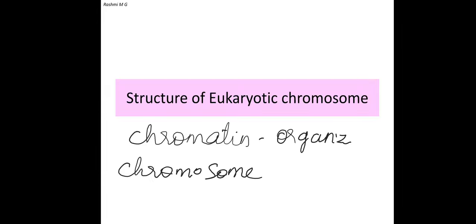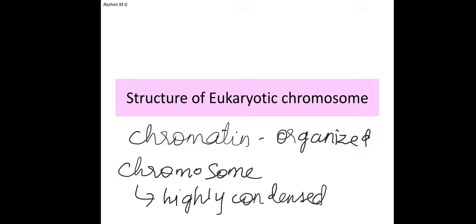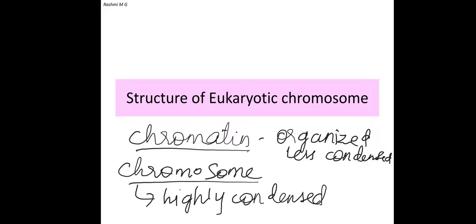A chromosome is a highly condensed form. Both are DNA. Chromatin is less condensed; try to differentiate between the two. Chromatin is also DNA, chromosome is also DNA. Chromatin is less condensed, chromosome is highly condensed.